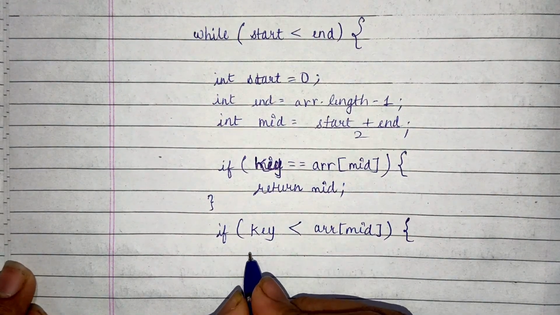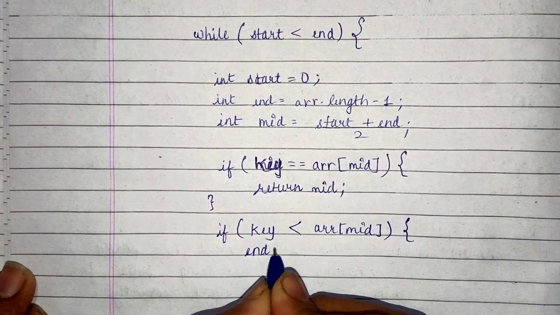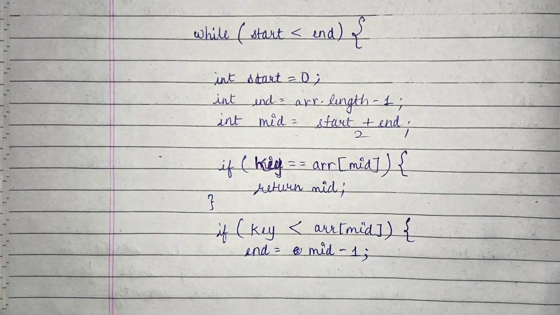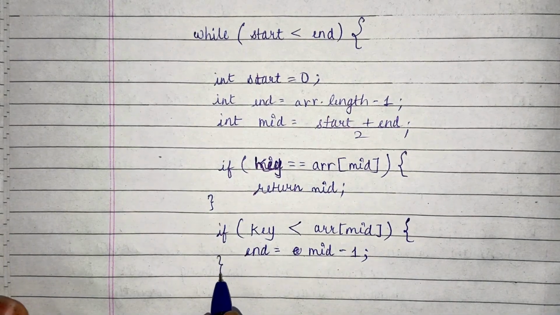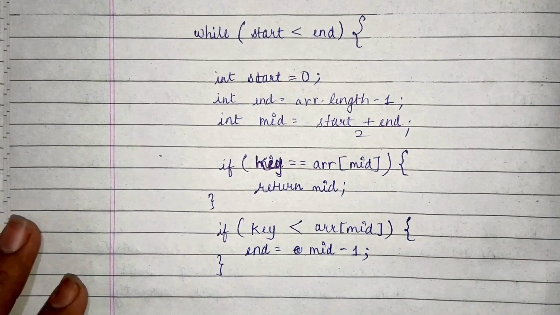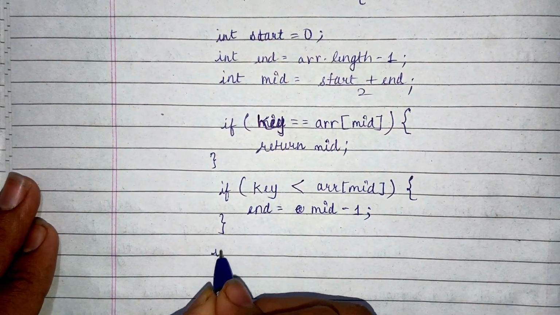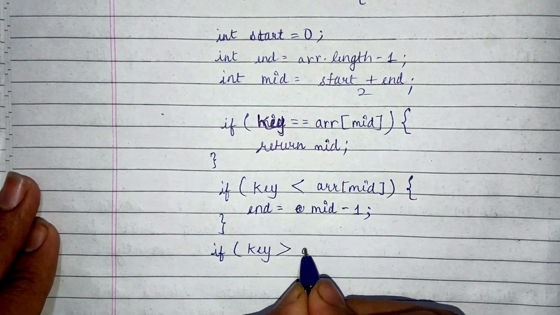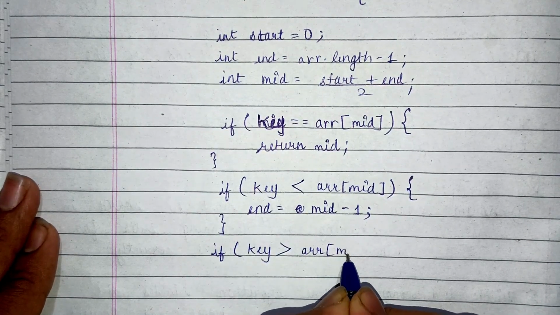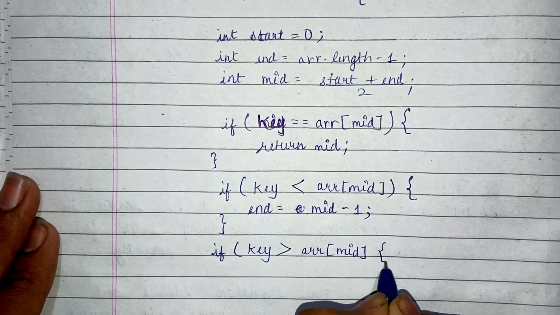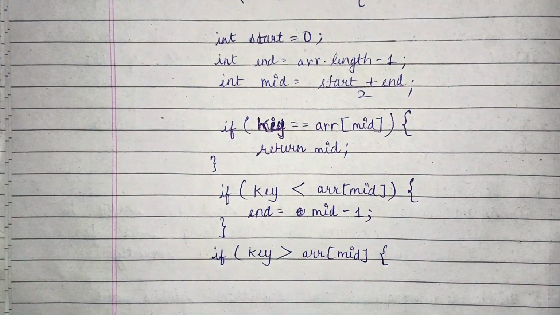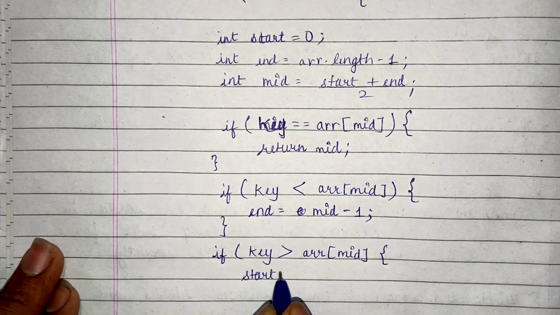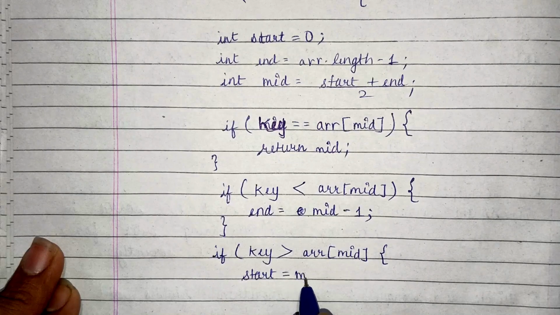So end is equal to mid minus 1. And the third condition will be if key is greater than array of mid, then we have to update the start value. So start is equal to mid plus 1.